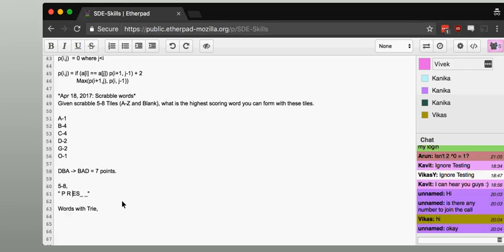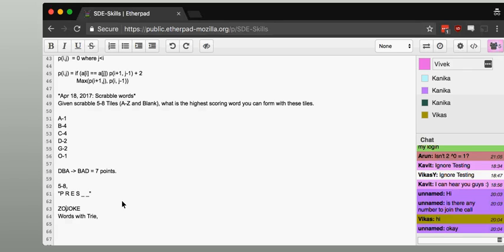Will you think of sorting them by their weights, in the sense Z has 10, so order them by the highest, 10 to whatever, the least one, and then how do you form words next? Are you trying to be greedy here? Yes, greedy only.